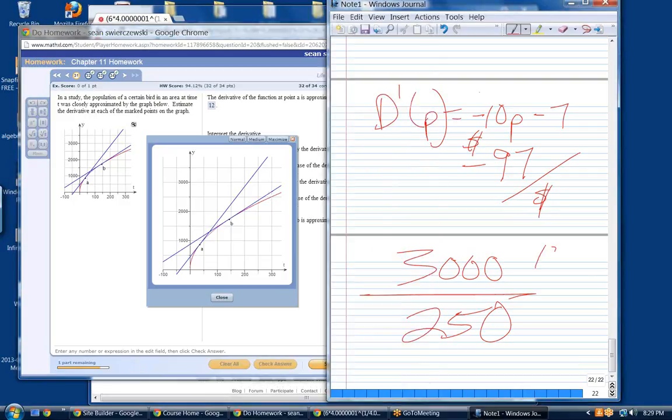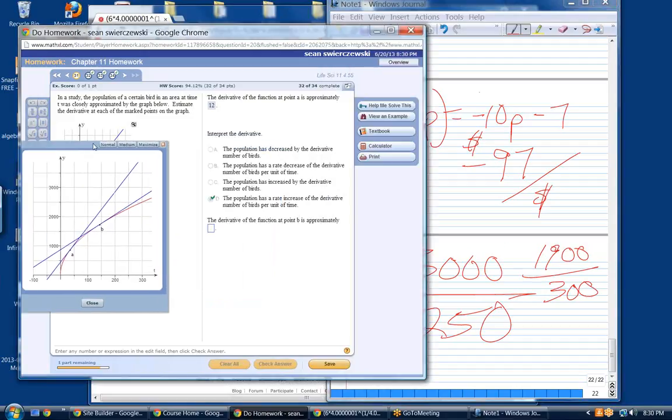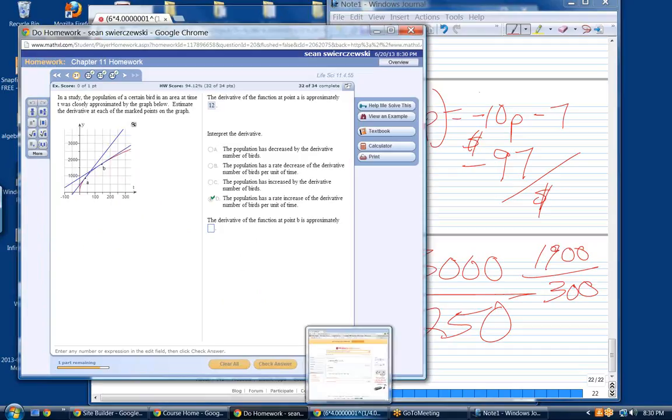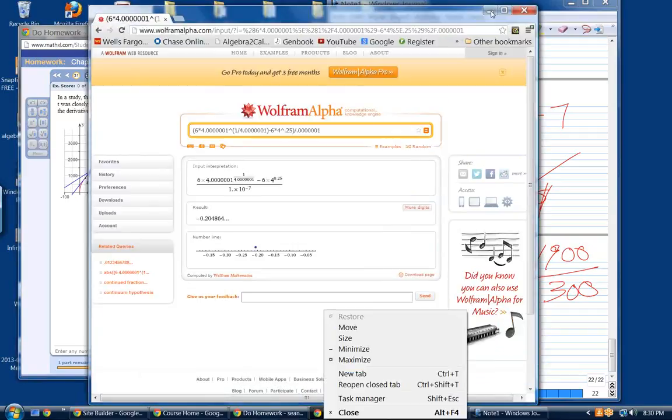That's 1,900 divided by what? 300? 6.3 continuing. How approximately are they going to let us do this? Do 6.33 and see what it is. Whoops.